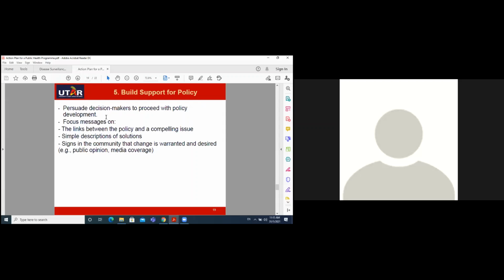After we have identified our decision makers, we could focus the messages on the links between the policy and the issue, and the solutions we need from public health opinion and media coverage to build support for your policy. Do we need strengthening in training, in terms of human resources or other states?